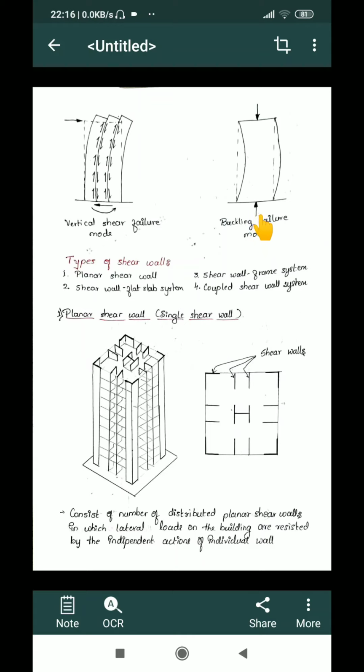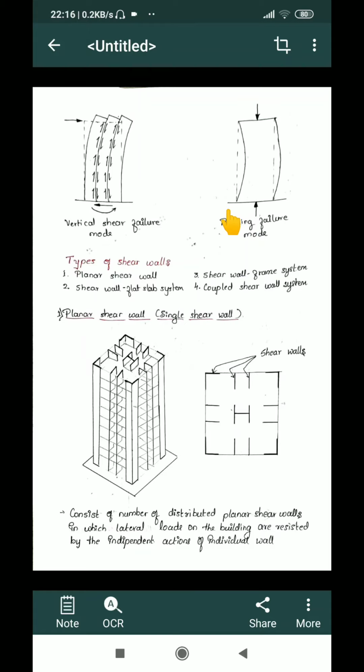Buckling failure is just like a column. A shear wall may also deflect excessively in a lateral direction because of the compressive force applied as gravity load and foundation reaction. A shear wall will buckle along a lateral direction like this, and failure occurs. So these are the four different types of failures of shear walls.